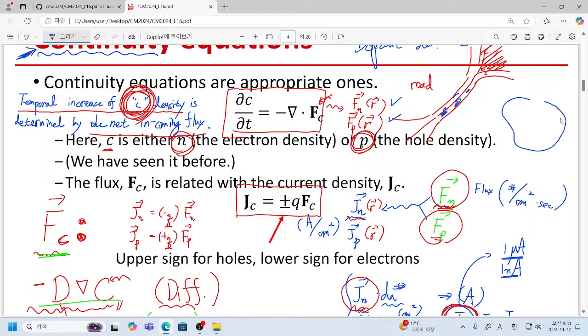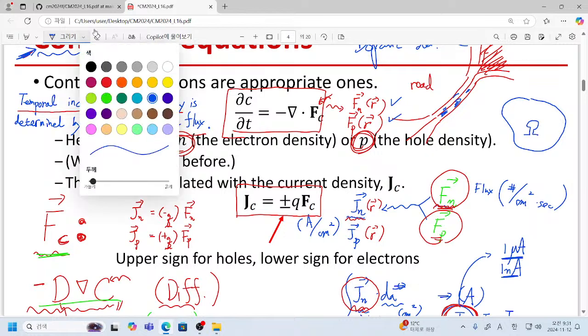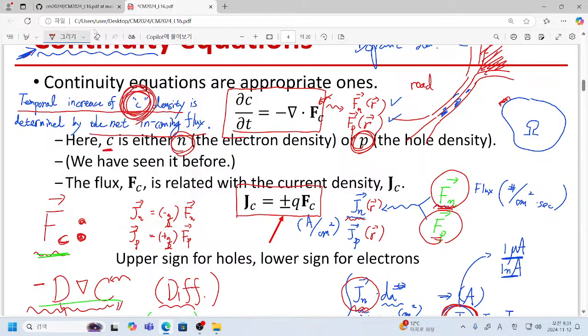So let me just draw once again. Let's say this is our device. This simulation domain, the entire simulation domain, is written as omega, and let's say here we have source contact, and here we have drain contact, and of course we have other contacts there. And what we wanted to do is to calculate this drain current, which is heading in this way.